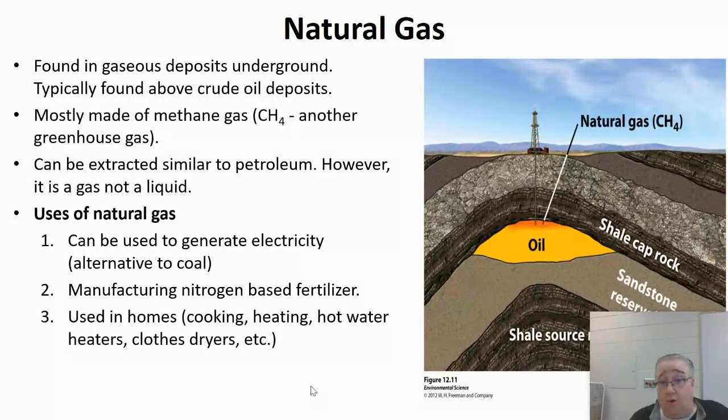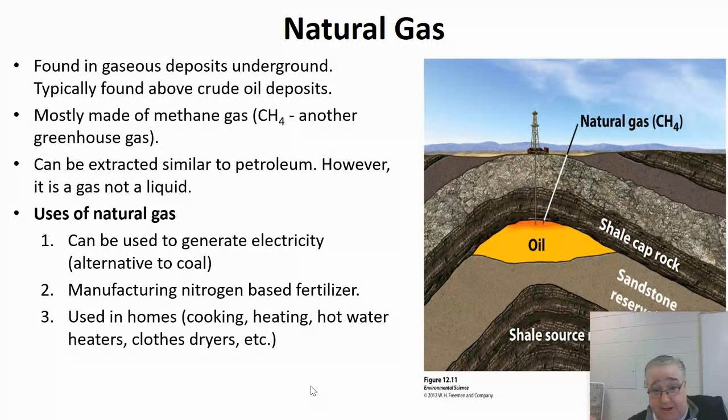It's also used in our homes. Go home today after school, and your stove at your house most likely runs on natural gas. Some people have electric stoves, but most people, it probably runs on natural gas. There's a little burner on the top of your stove. You turn the stove on and the flame comes on, right? Well, that flame is coming from burning natural gas.